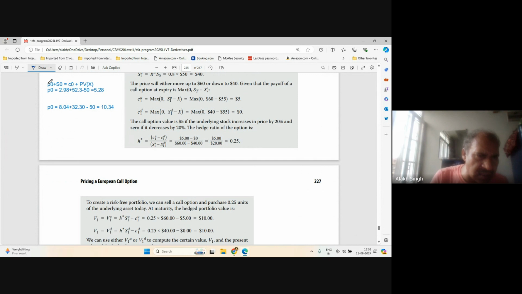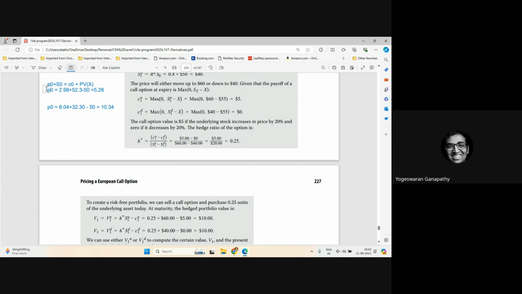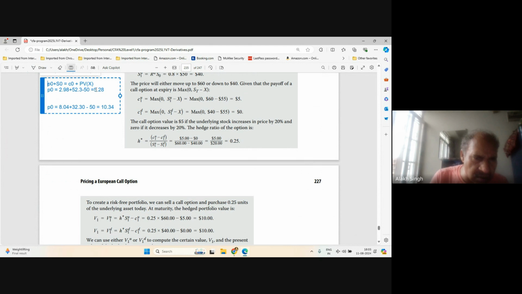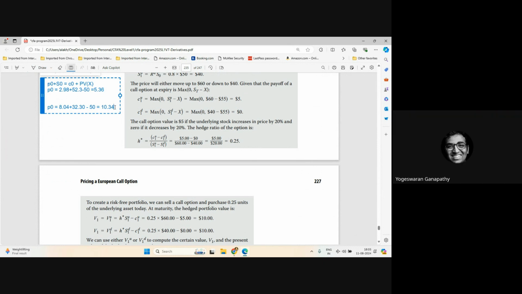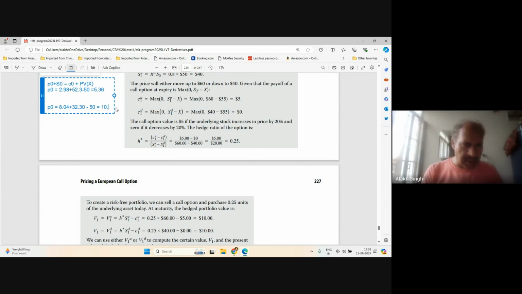Okay, so let me correct it then: 5.36. So similarly for the other one, it will be 8 cents more.